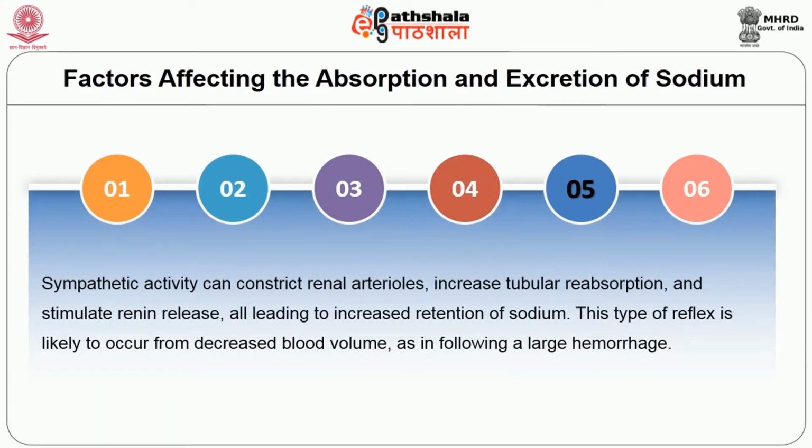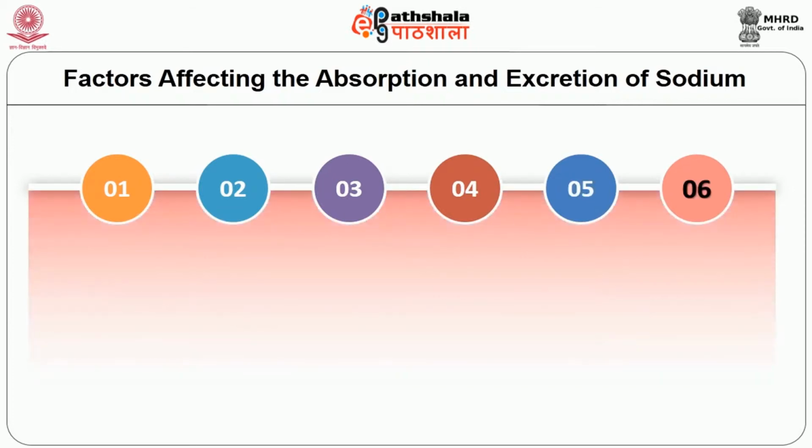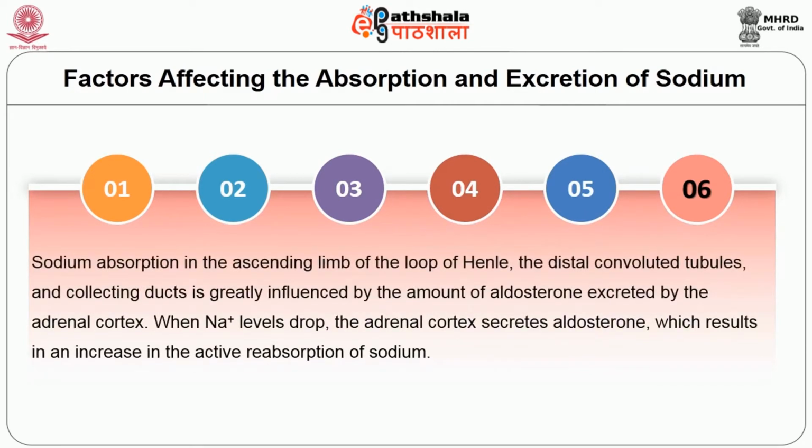Sympathetic activity can constrict renal arterioles, increase tubular reabsorption, and stimulate renin release, all leading to increased retention of sodium. This type of reflex is likely to occur from decreased blood volume, such as following a large hemorrhage. Sodium absorption in the ascending limb of the loop of Henle, the distal convoluted tubules and collecting ducts is greatly influenced by the amount of aldosterone excreted by the adrenal cortex.